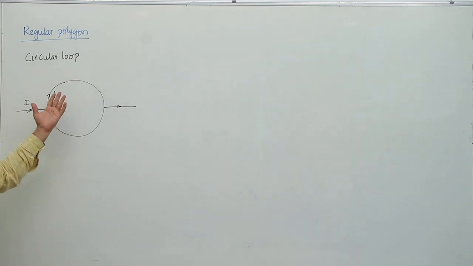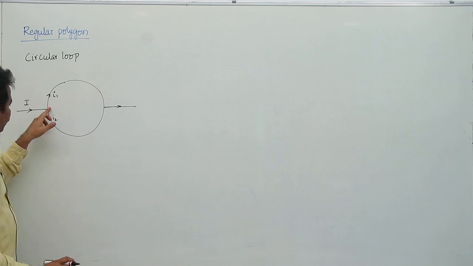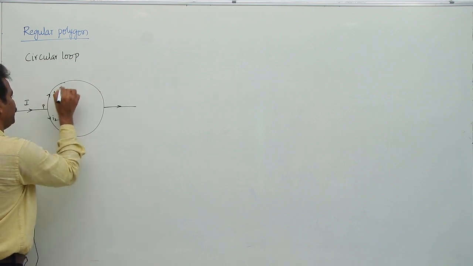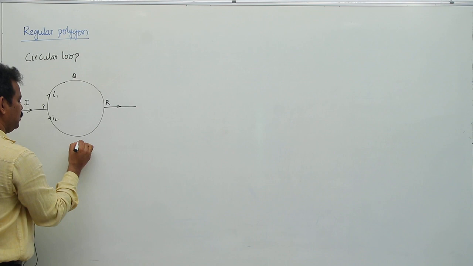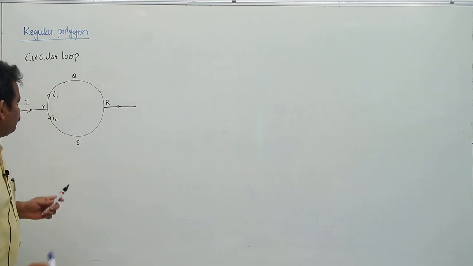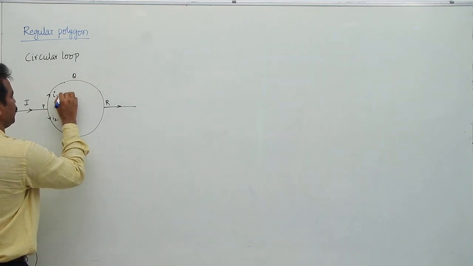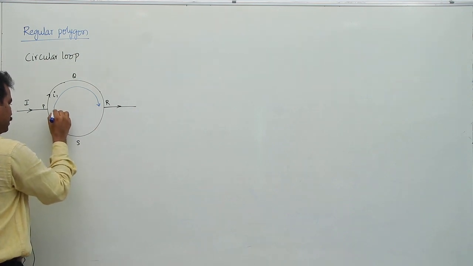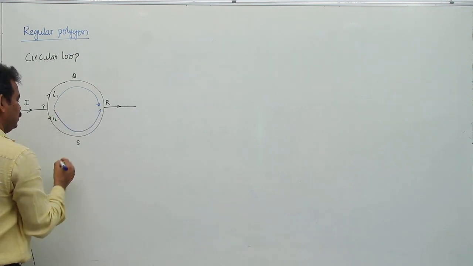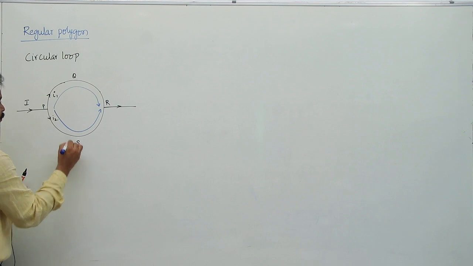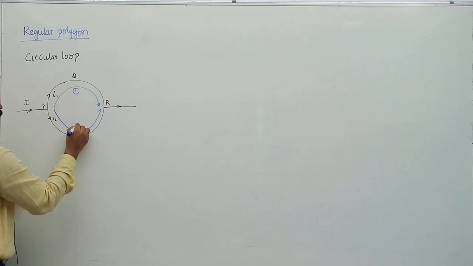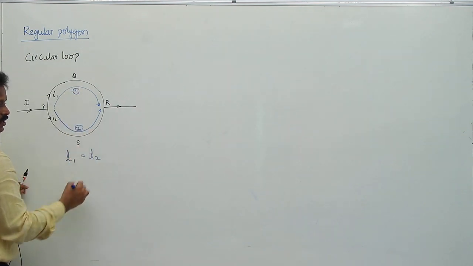Similar to the previous case of a square, the length of the path in the upper branch is PQR, and the length of the path in the lower branch is PSR. So length in the first path is equal to length in the second path.